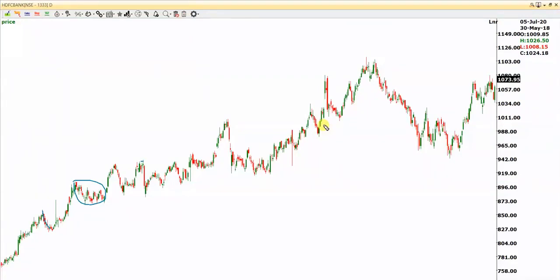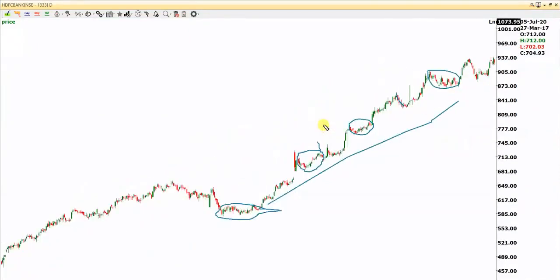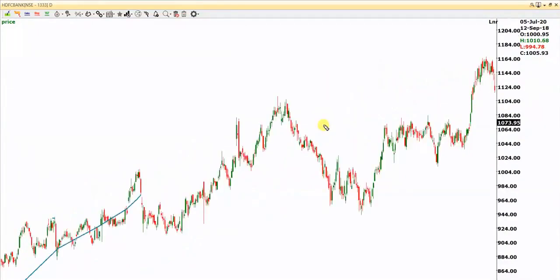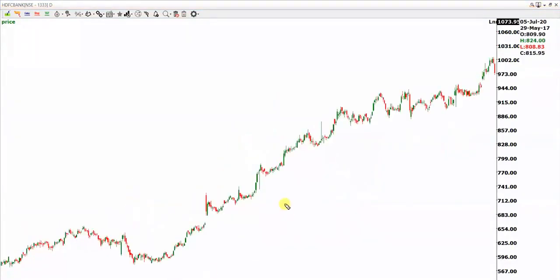Like what happened in accumulation, the same thing will happen in distribution, right? So I cannot go and say this is a distribution phase, right? So what I will do, if a trending stock starts to trade sideways, I will be cautious on the long side. I will wait for it.